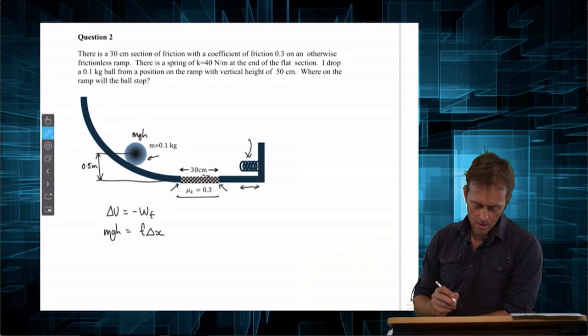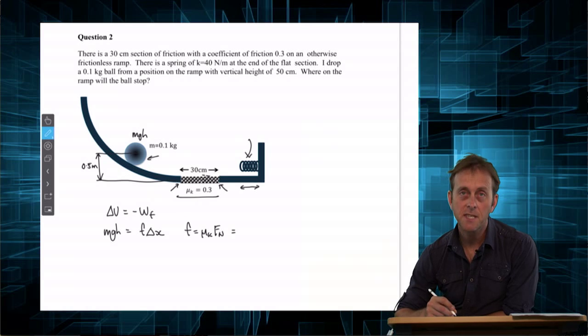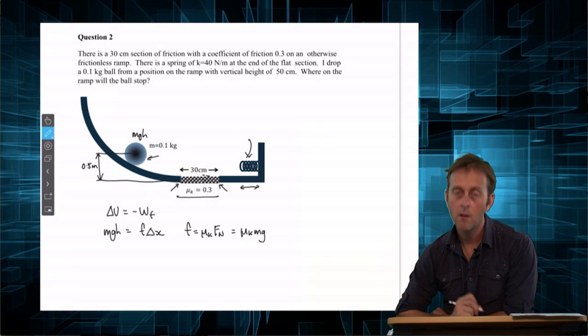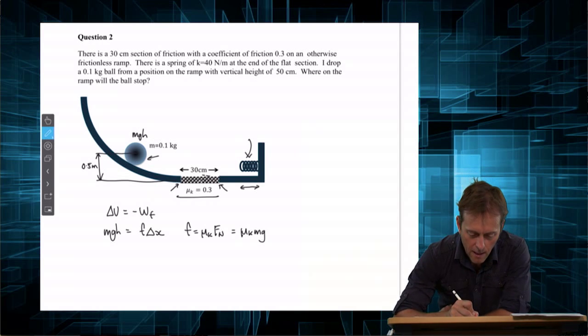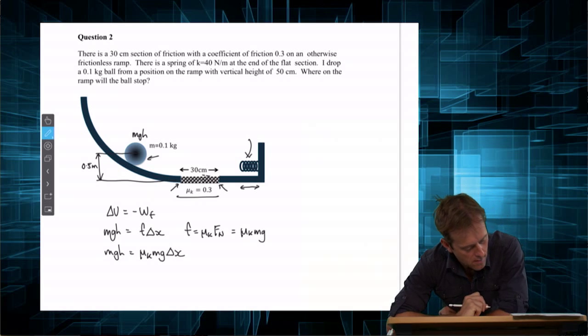So we know that the friction force is mu k Fn. In this case, the normal force is just going to be mg, so it's mu k mg. So we can rewrite this as mgh equals mu k mg delta x. Too easy.